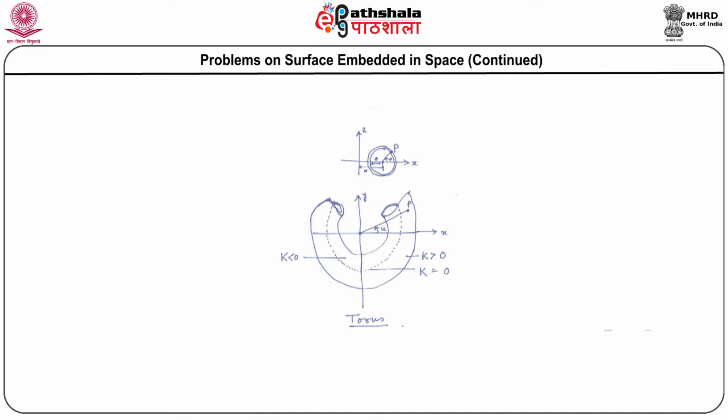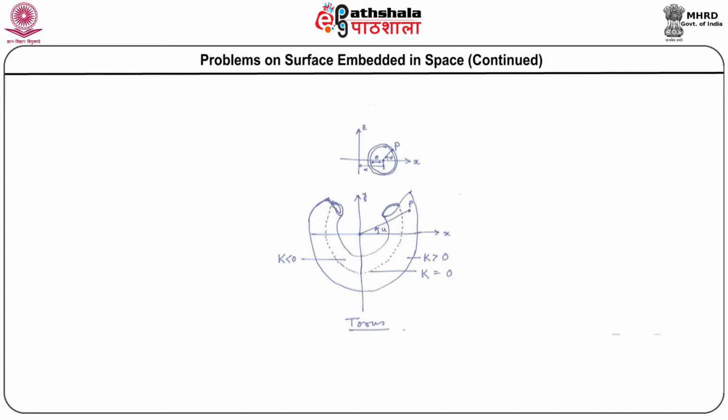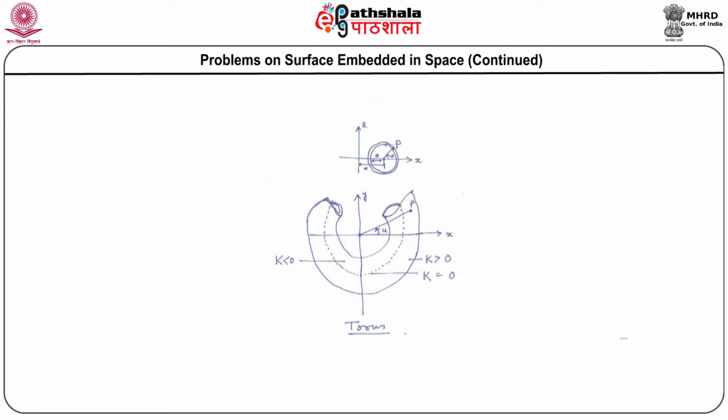We get in the figure that the Gaussian curvature K has different forms on this torus. The Gaussian curvature is greater than 0 at the outside portion. Along the dotted line, the Gaussian curvature is equal to 0.